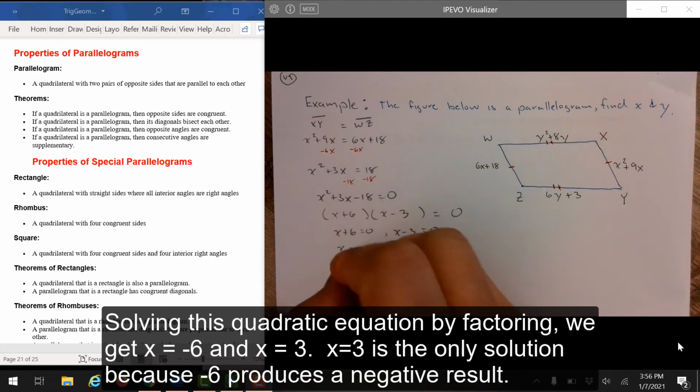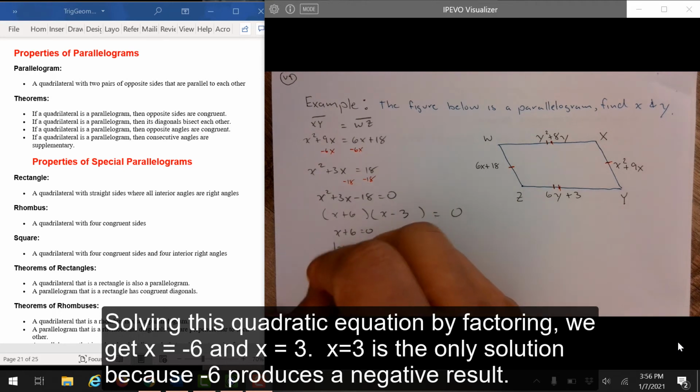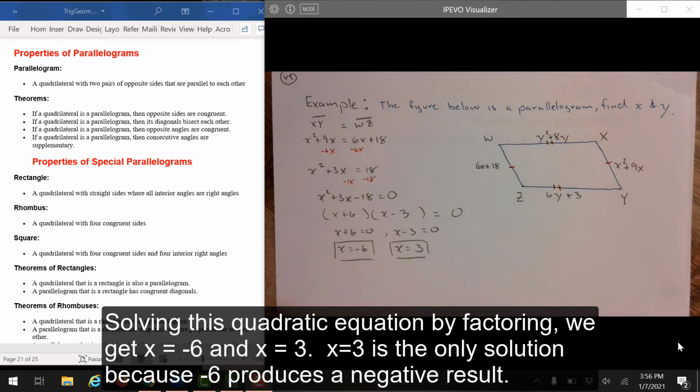Solving this quadratic equation by factoring, we get x equals -6 and x equals 3. X equals 3 is the only solution because -6 produces a negative result.